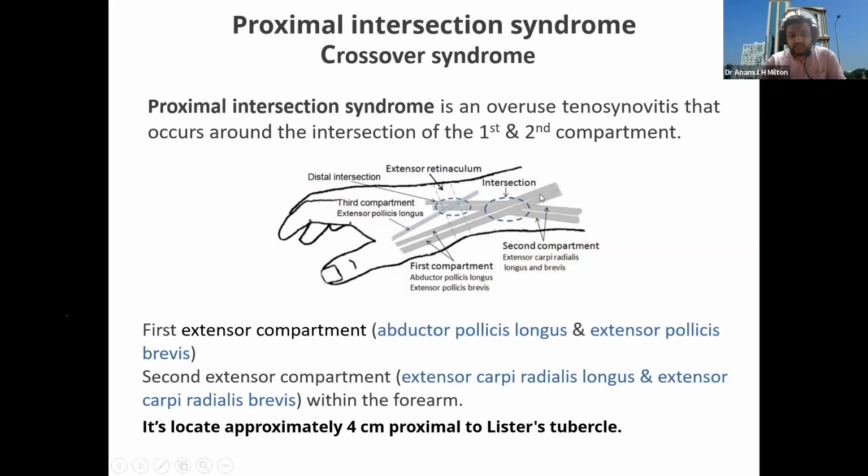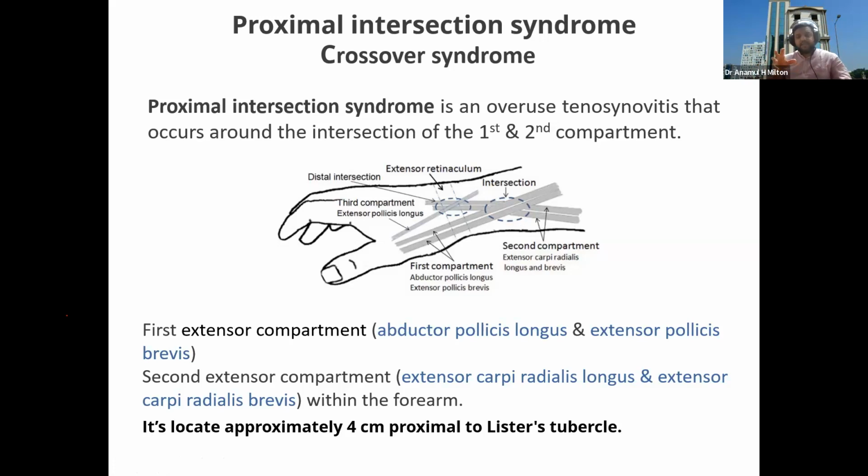These two tendons go to the thumb, and the other two tendons, in the second compartment, are the extensor carpi radialis longus and extensor carpi radialis brevis. These tendons cross over around 4 to 5 centimeters proximal to the wrist joint.